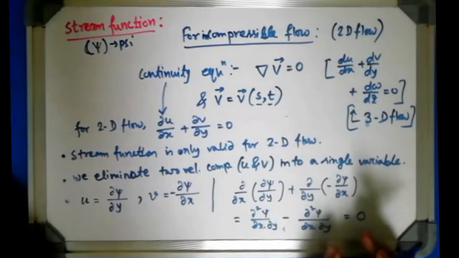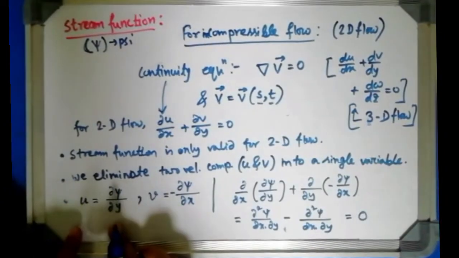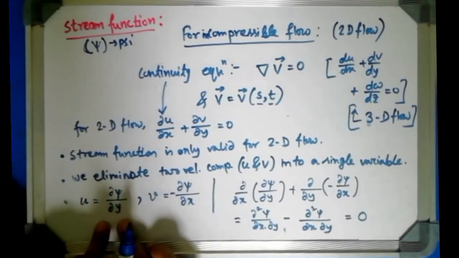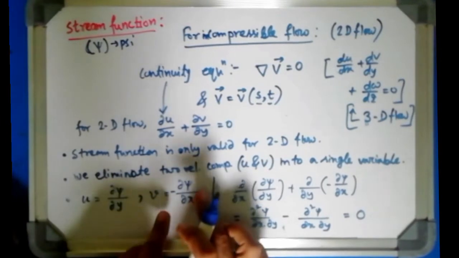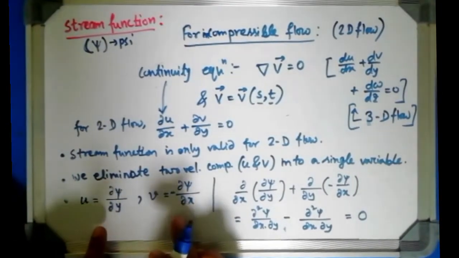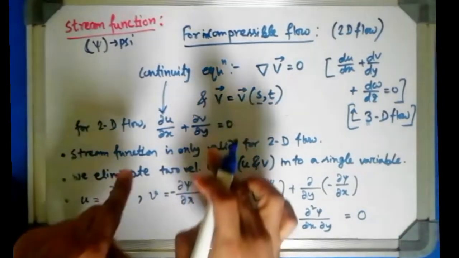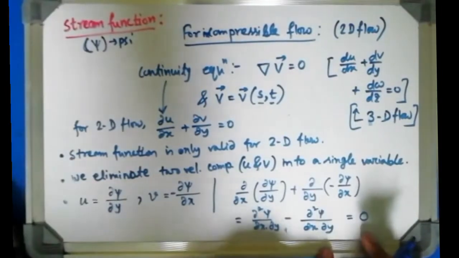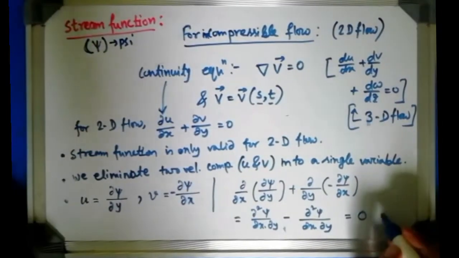What does this mean? It clarifies that if we assume u equals del psi del y and v equals minus del psi del x, and substitute these values of u and v in the continuity equation in 2D flow, then it satisfies the continuity equation. We are getting 0.